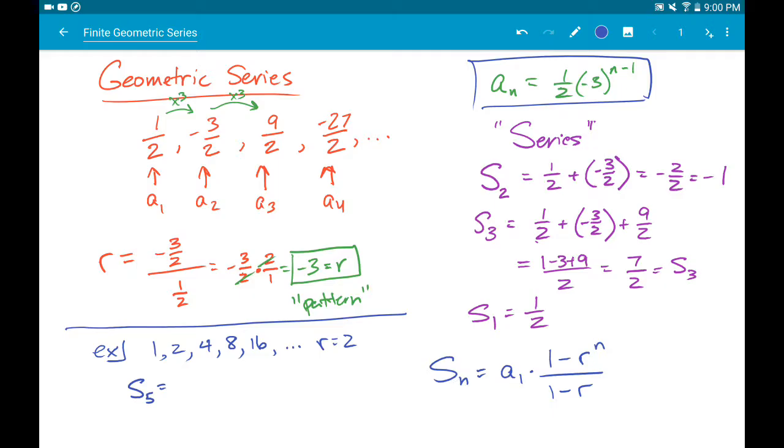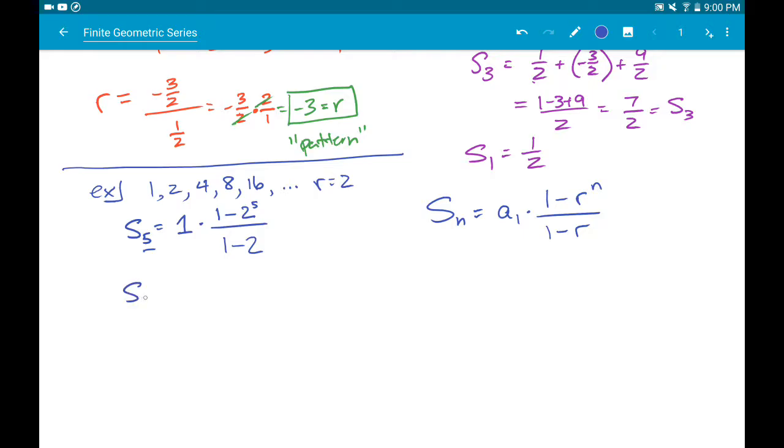S5 is equal to the first term, which in this case is 1, times 1 minus r to the nth power. Again, the n is right here, over 1 minus r. r is 2.